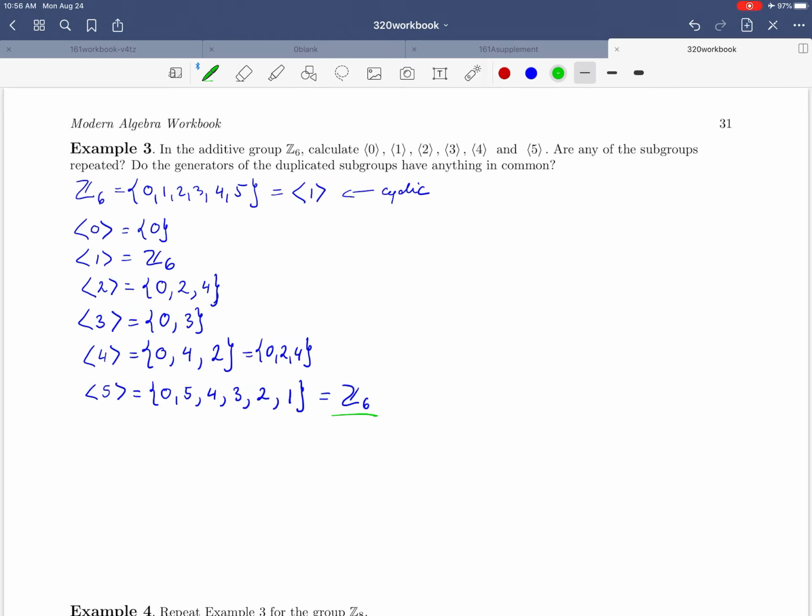So we got our complete group twice, generated by 1 and generated by 5. So our group has 2 generators. That's one thing that we could write down. So the group generated by 1 and the group generated by 5 is all of Z6. One thing that we noticed. Do you notice anything else?